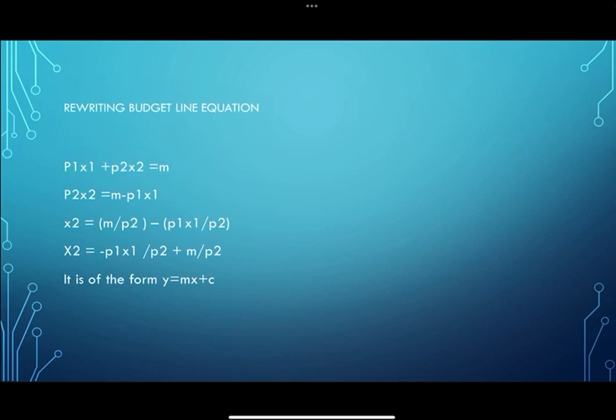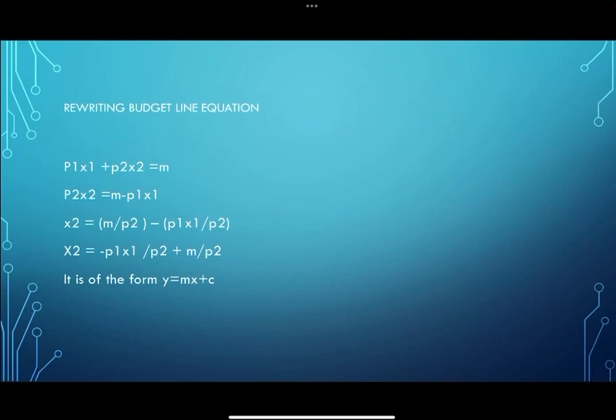If you want to find the intercept of good 2, where you are consuming your income on good 2, just keep x2 on the left hand side, because you're giving importance to good 2, not good 1. Then p2 becomes the denominator, because it is in multiplication form.